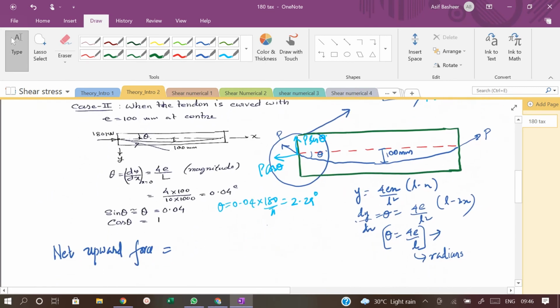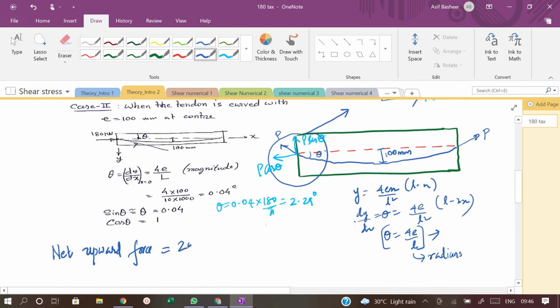So the net force I can write as 25 minus 7.2, and you will get this value as 17.8 kilonewton. That is your net shear force. Shear force is reduced due to this eccentric or parabolic profile of your tendon.